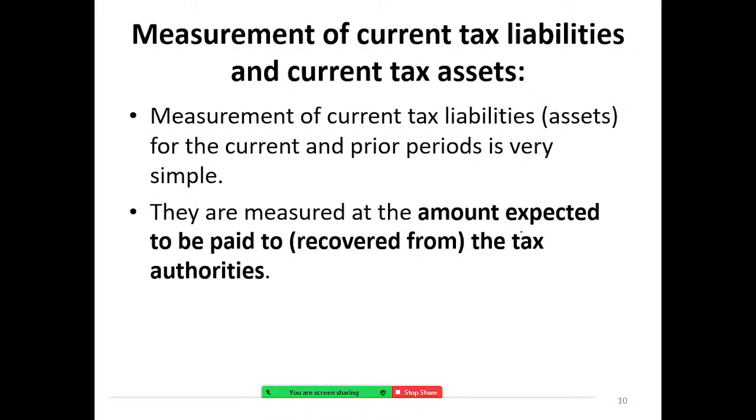When you follow the rules and regulations supplied by the tax authorities, you can find taxable profit, from which you can calculate the tax amount. So that is equal to current tax. How much you have to pay to the Inland Revenue department.